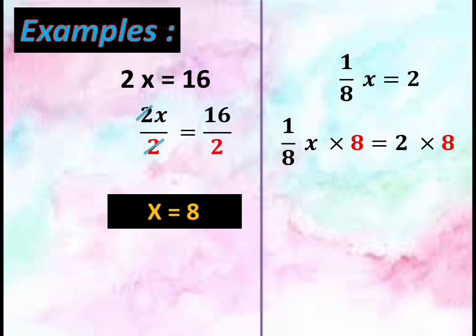So when I multiply a fraction by its reciprocal, I get 1, and they cancel together. So 1 over 8 times 8 cancel together, remain with x. X equals 2 times 8, which is 16.